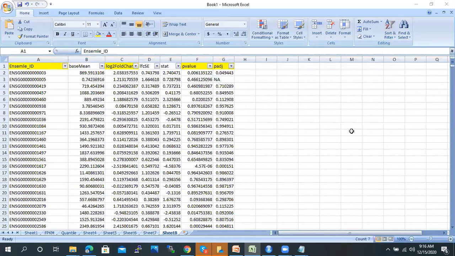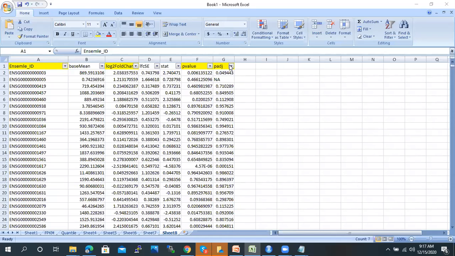Anyone familiar with what p-value is considered significant in a statistical test? Yes, any p-value less than 0.05 is considered significant.